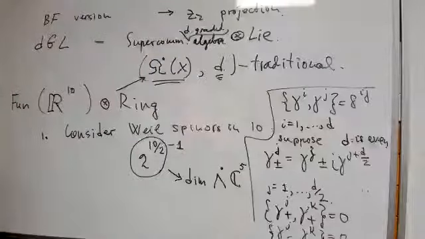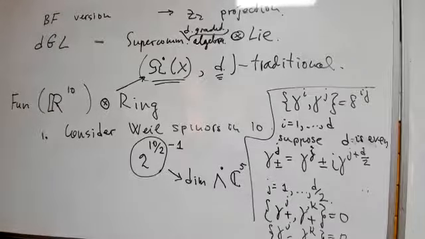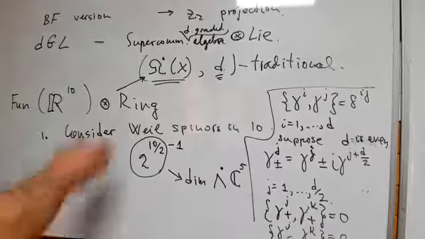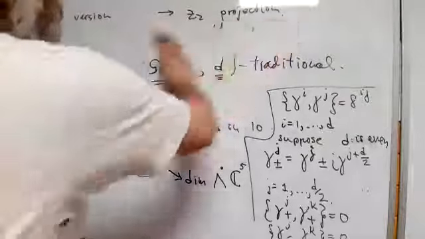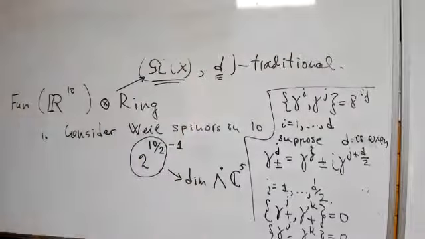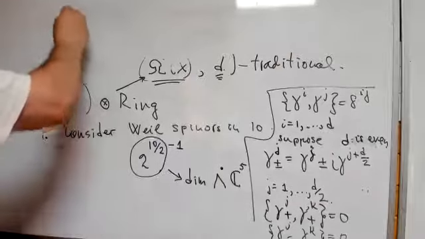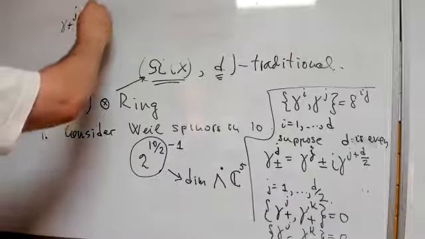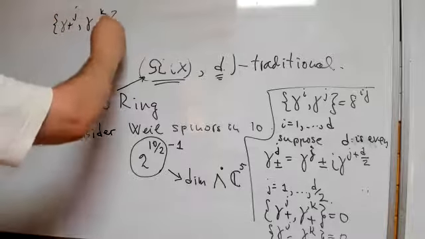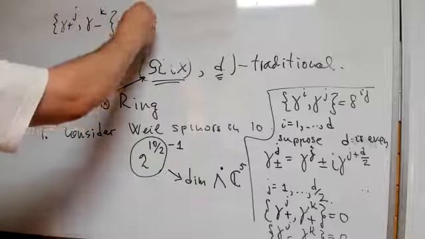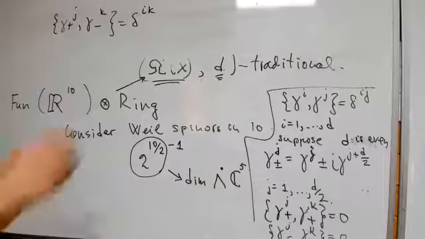However, the anti-commutator of gamma plus J and gamma minus K is delta JK.